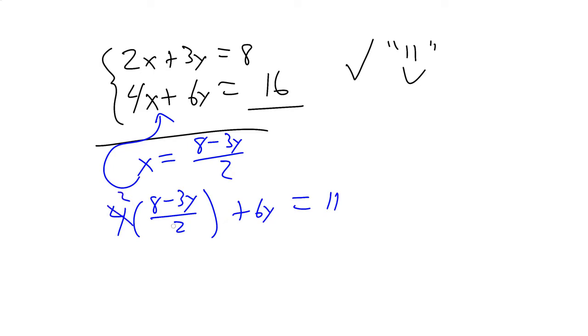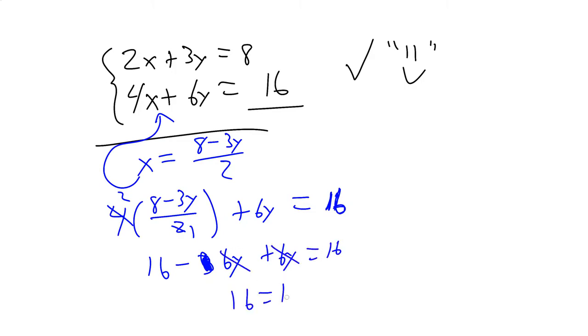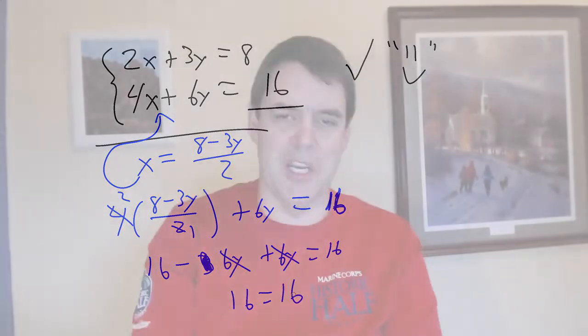Then I multiply this thing out, and I get 16 minus 6y plus 6y equals 16. The 6y's cancel, and I end up with a wonderful piece of information that 16 equals 16. Now, no one's doubting 16 equals 16. I'm sure it is. The problem is that doesn't help at all in finding a solution.